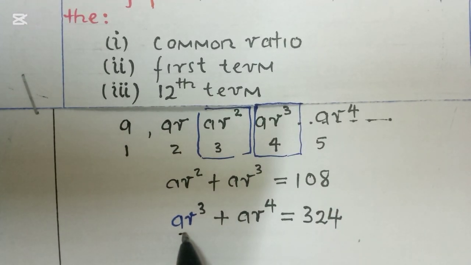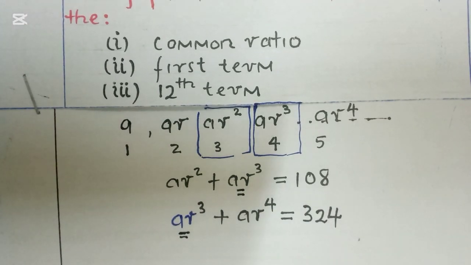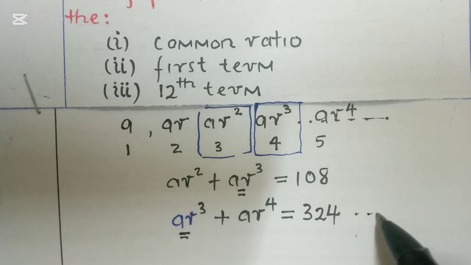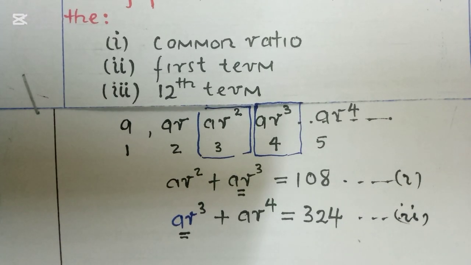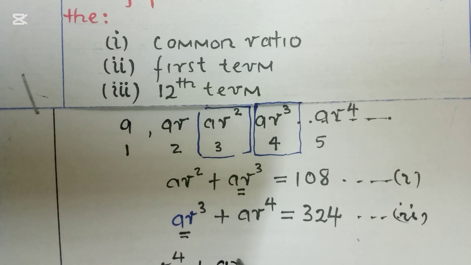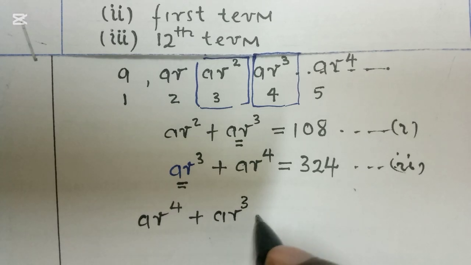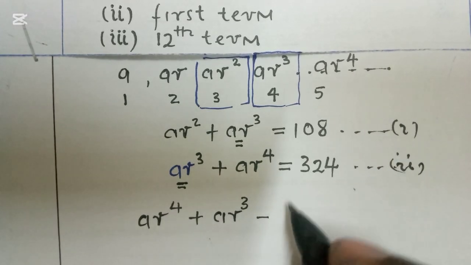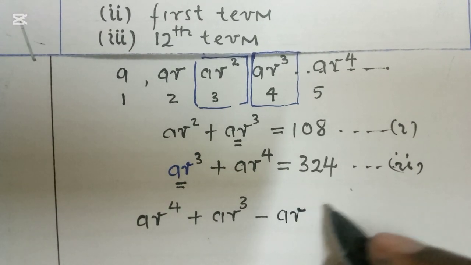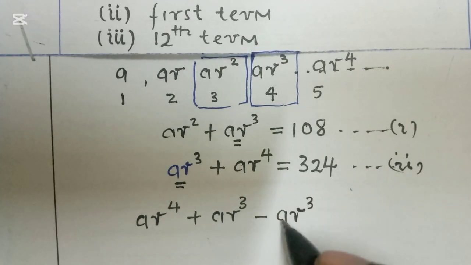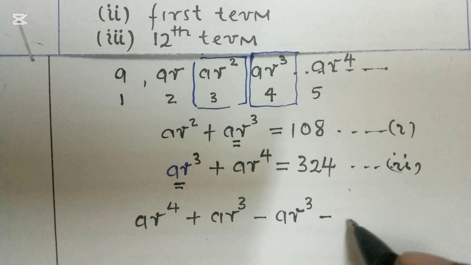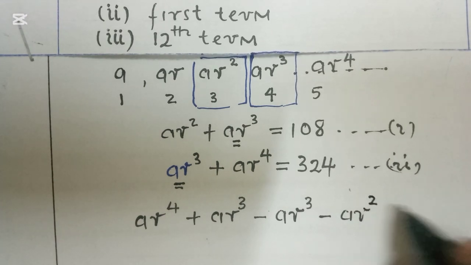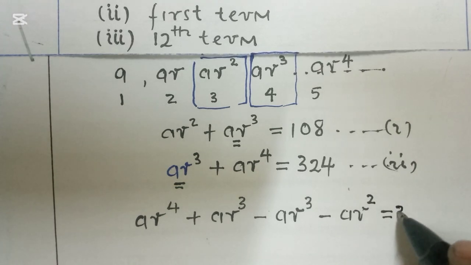We have AR^3 here, and we have AR^3 also in the other equation. So if I subtract the first from the second, I will get something like this: AR^4 + AR^3 minus (AR^3 + AR^2), and if I remove the bracket, I put a minus there. And this gives us 324 minus 108.